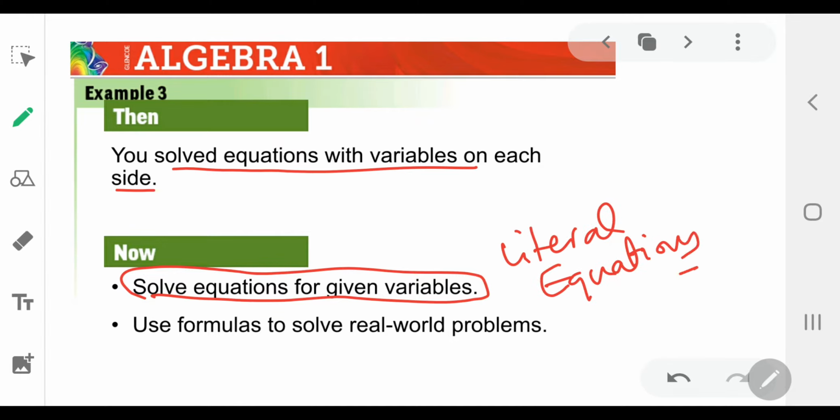Literal equations are equations that involve not only one variable. They might have more than one variable, 2 or 3, and you're solving for one of them. You're solving for a particular or a given variable. And we're going to see how to apply this in real life problems, and it's a very good application for science problems.